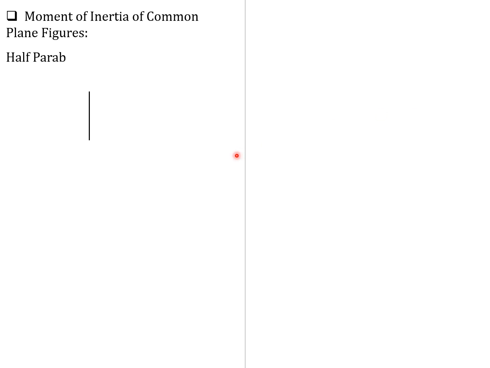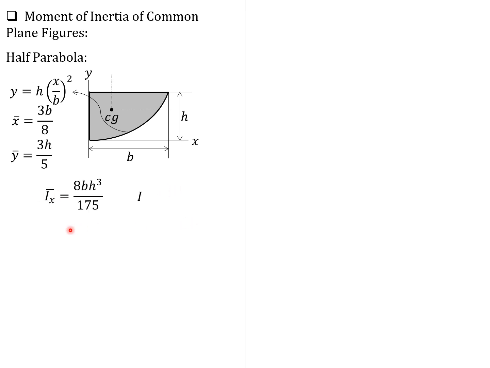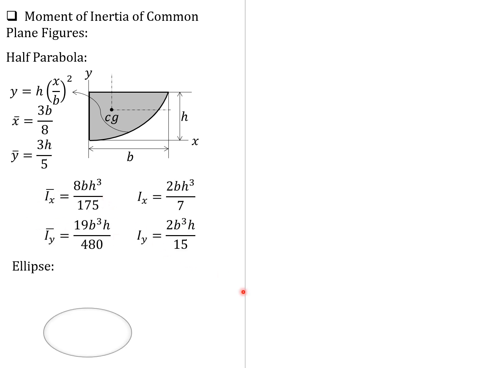Iy equals Ix. Then for other cases, use the general formula. The strip should be parallel to the axis in question so that you can derive it as the integral of the constant distance squared dA. I'll leave it to you to derive these formulas, especially the location of centroids.